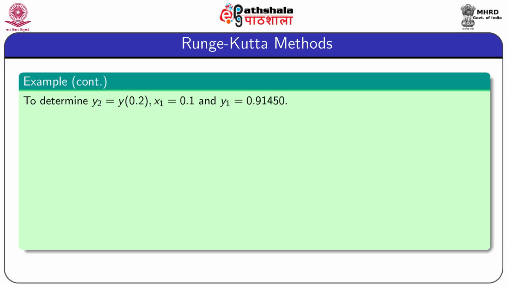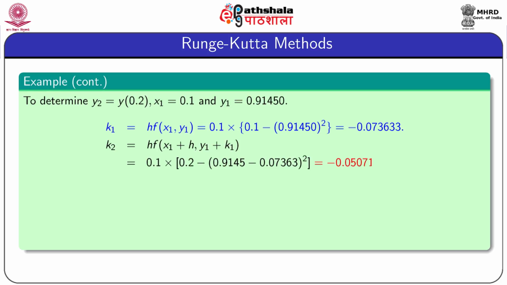Now, we calculate the value of y2, that means the value of y when x equal to 0.2. In this case, x1 equal to 0.1 and y1 equal to 0.91450. So, for this value, k1 is equal to minus 0.073633, k2 equal to minus 0.05071.